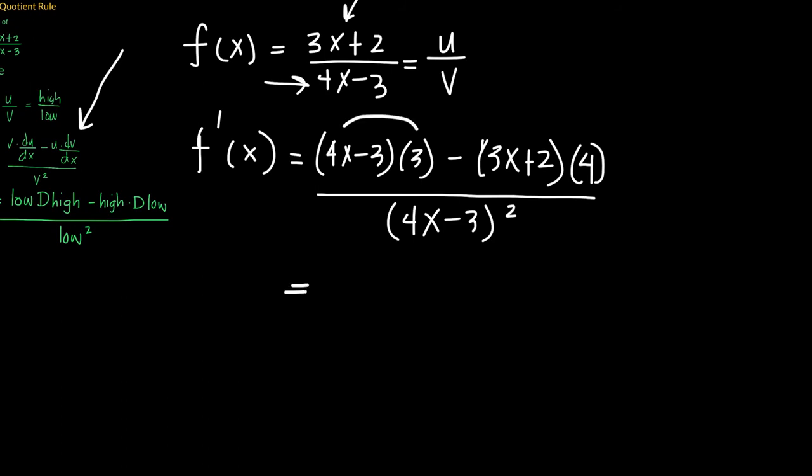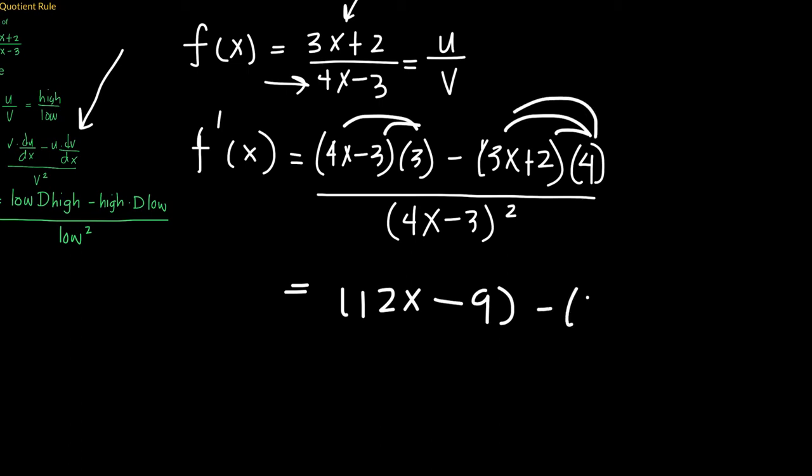So simply distribute whatever values we can distribute. You can maintain the parentheses first to avoid mistakes in the sign. You have 3 times 4x is 12x, and then minus 9, and this one minus, so 4 goes to 3x, that's a 12x, 4 goes to 2, that is a positive 8.